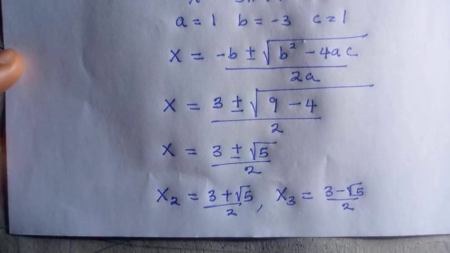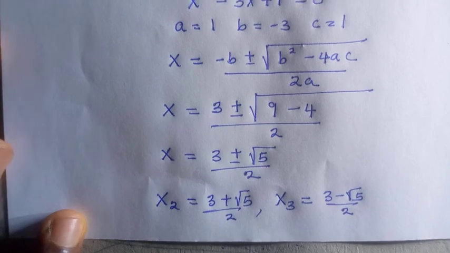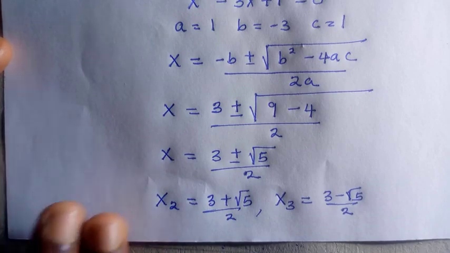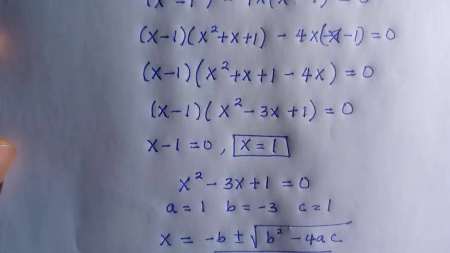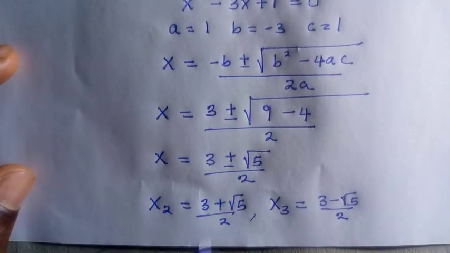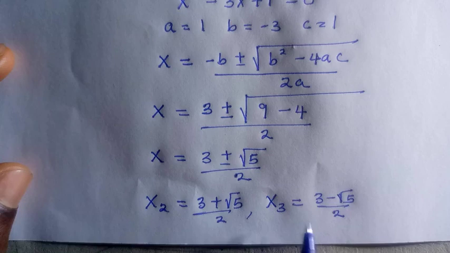Here are the three solutions, but only 2 satisfy the given equation. It is obvious that x equals 1 satisfies it. Then we want to know which of these two also satisfy the equation.